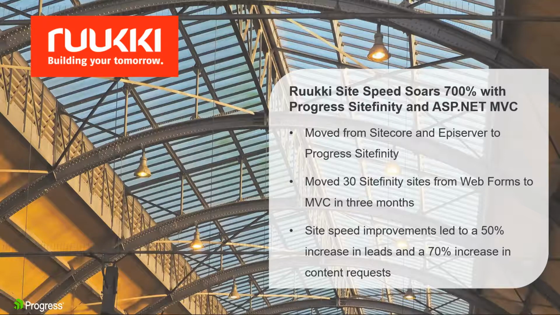After moving from Sitecore and EpiServer to Progress Sitefinity, they moved 30 sites from web forms models to the MVC model in 3 months. The site speed improvements led to a 50% increase in leads and a 70% increase in content requests. There was also a 700% increase in site speed scores on Google, and again, a 70% increase in site content leads.